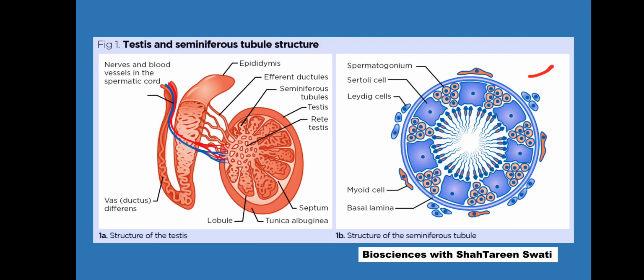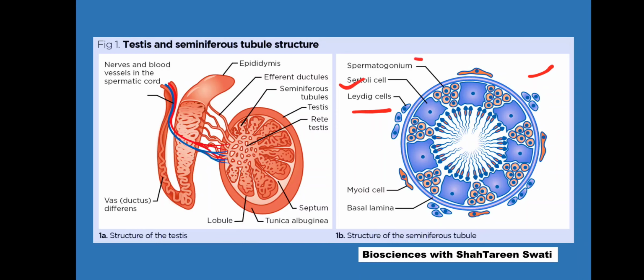These two types of cells are involved in the production of the hormone, as well as in the growth and development of the sperm.